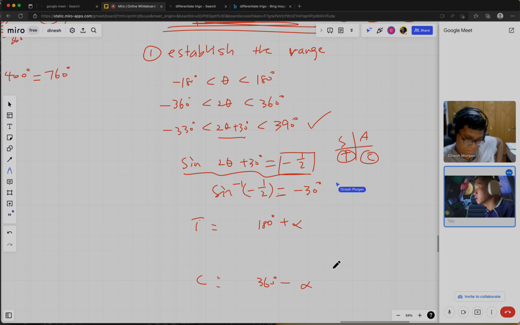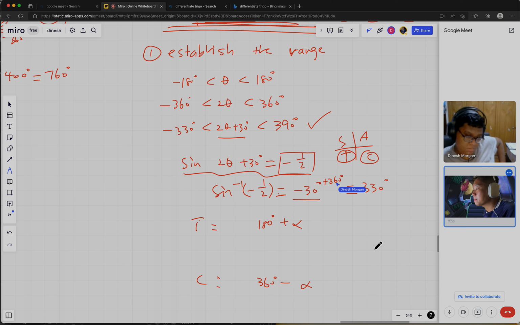Now, like we talked about, whenever you have a negative degree, we don't want to play with negative values, we want to play with positive values. So you add 360 to it, and it refers to the same position. Therefore the answer is 330.